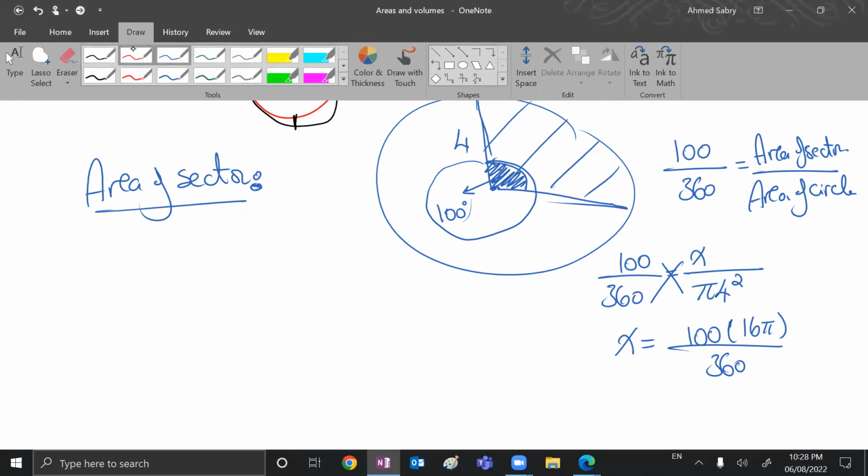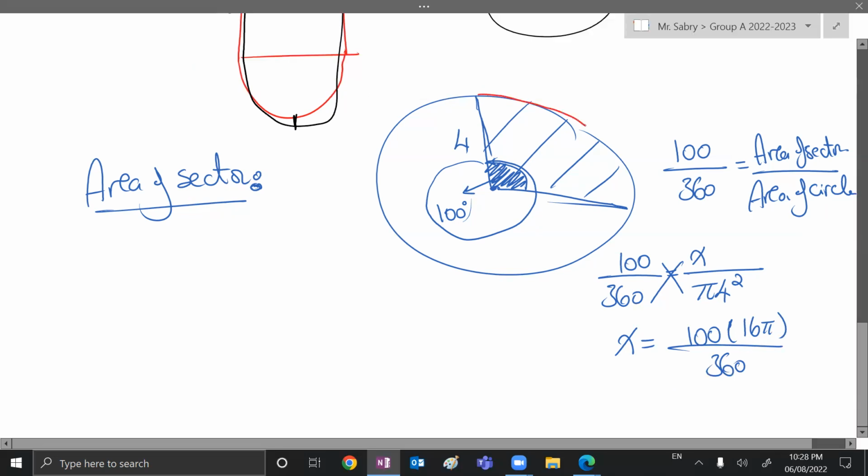But what if I need the length of the arc? What if I need just the length of this part? Same idea. The angle over the whole angle is equal to the length of the part, which is the arc, over the length of the whole circle, which is the circumference, 2 pi times 4, the whole r.